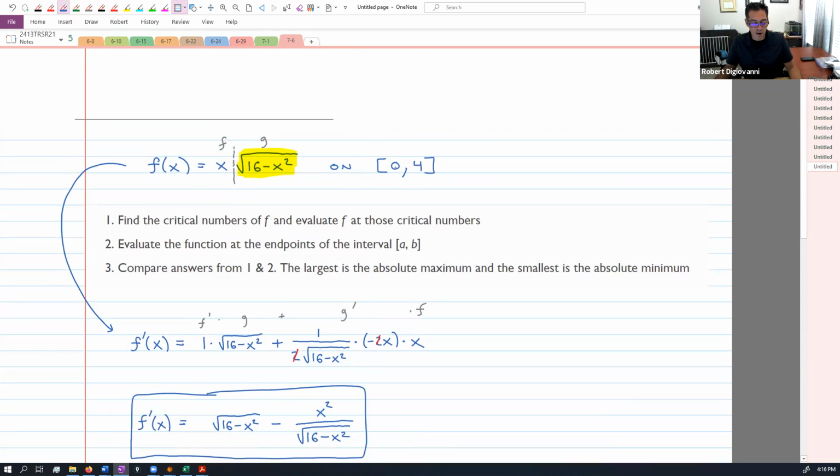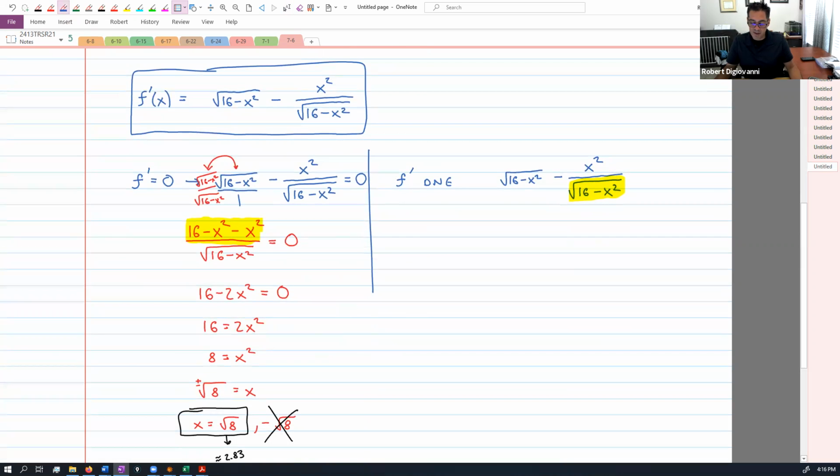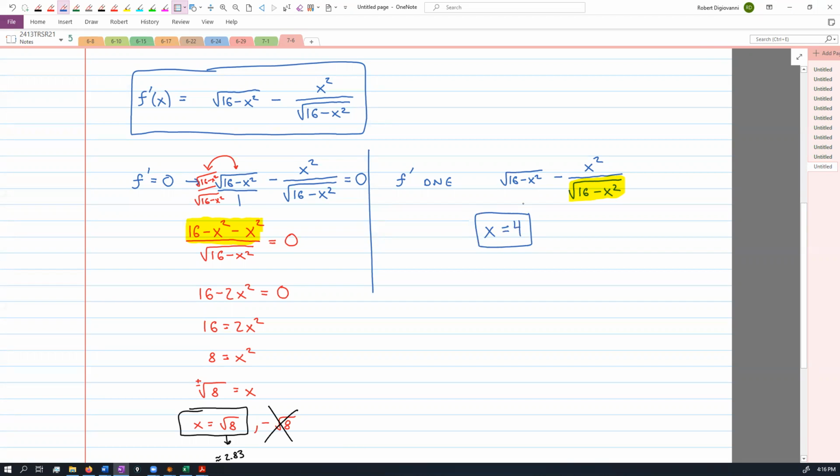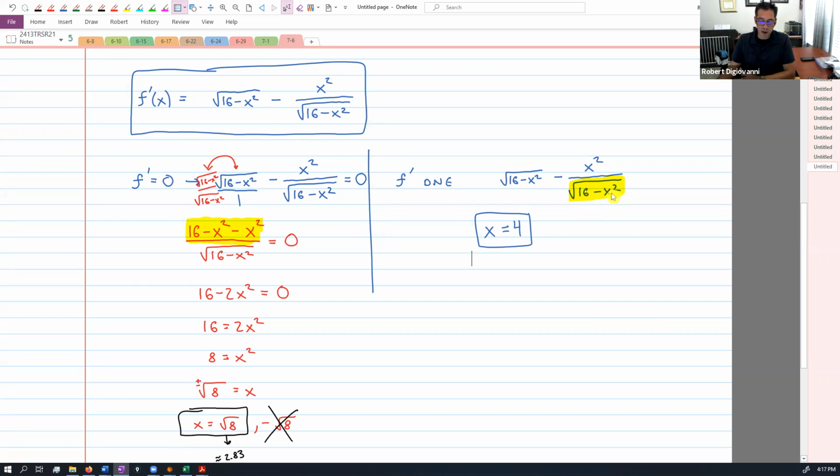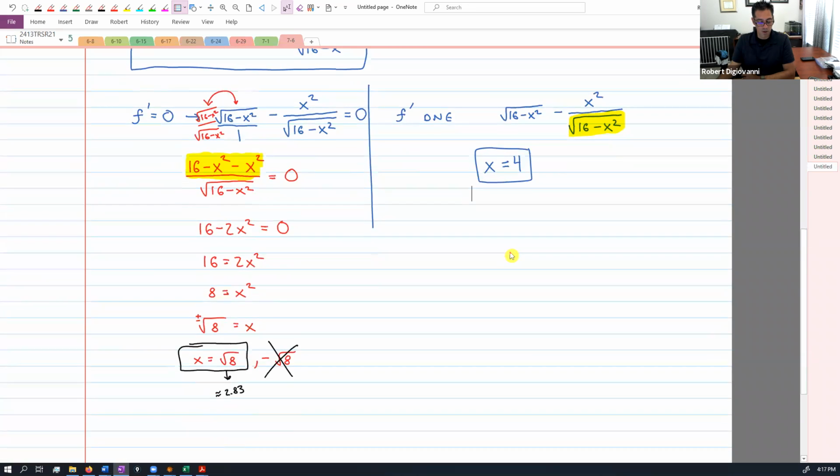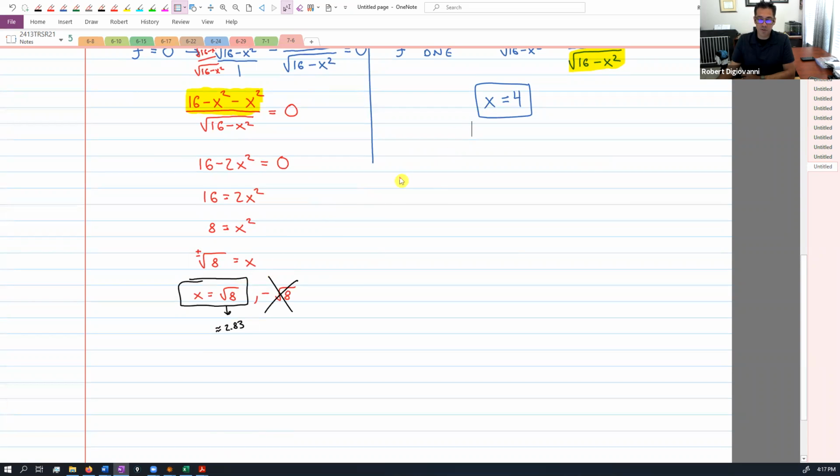So I'm saying, are there any points between 0 and 4, including 0 and 4, that would cause this to be a problem? Do y'all see at 4 we have a problem? 0 is okay to have because 0 here would give you just square root of 16. That's okay. But we get division by 0 if we try and plug in 4. So we have two critical numbers.